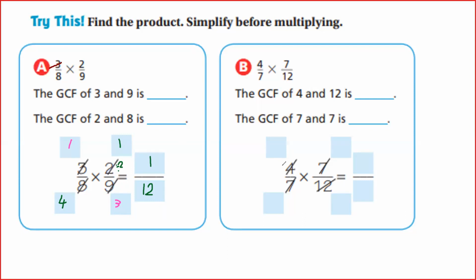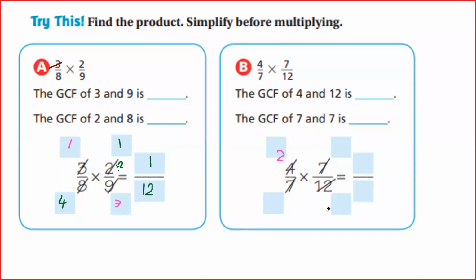You divide it by 2. 4 divided by 2 is 2. And 12 divided by 2 is 6.